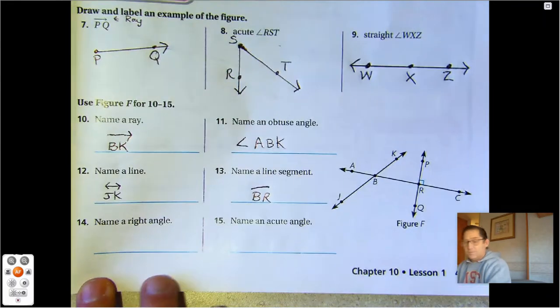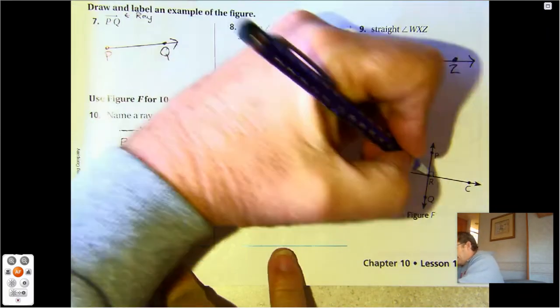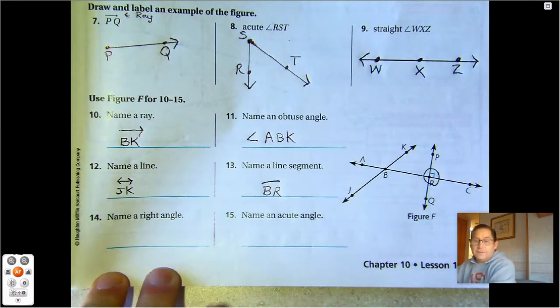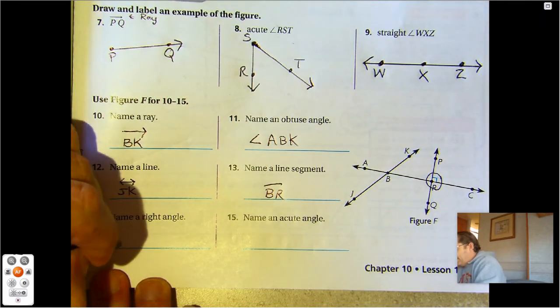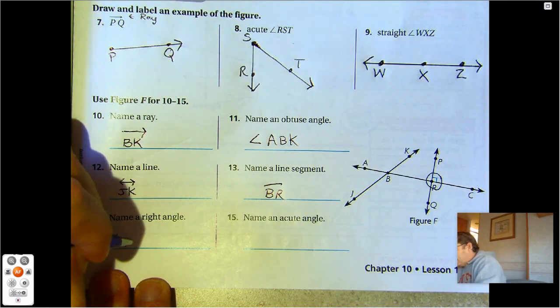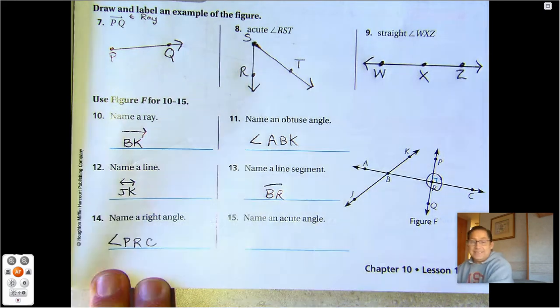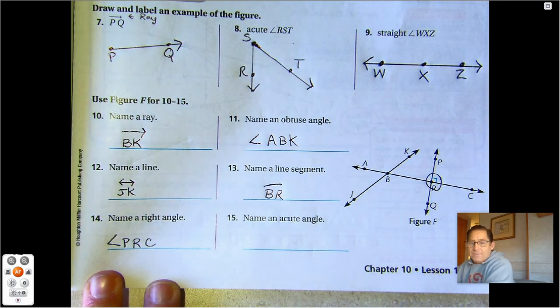Name a right angle. Okay, again, if you have a square corner that's symbolized with the blue square, that's a right angle. So I'm going to name it angle PRC. Name an acute angle.